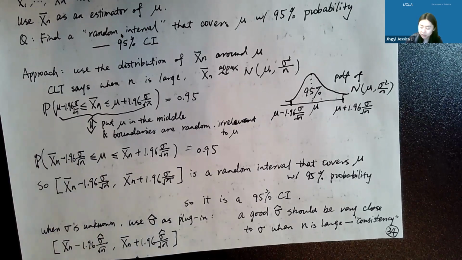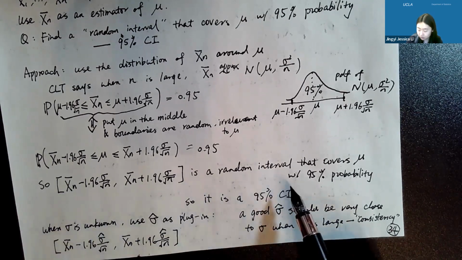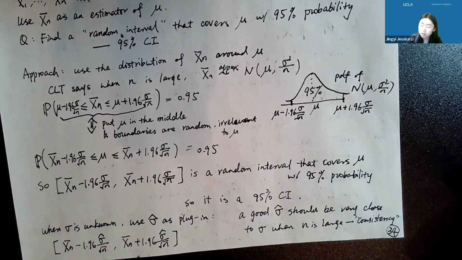But based on what we just said, that interval you got is a realization of this random interval. So that's just one particular realization. So for that particular realization, you actually don't know whether it covers mu or not. It could cover it. It could not cover it.